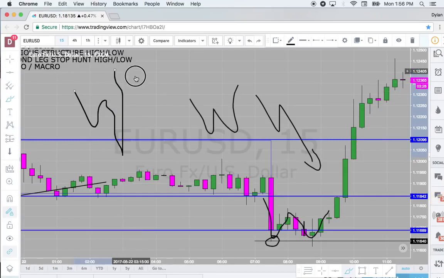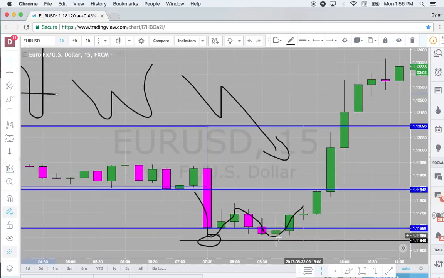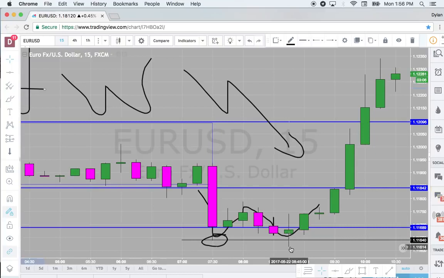So it makes it look like, wow, that's a really bad W. But anyway, it makes it look like price is going to continue downwards, because this was once one red bar all the way down here past this low.